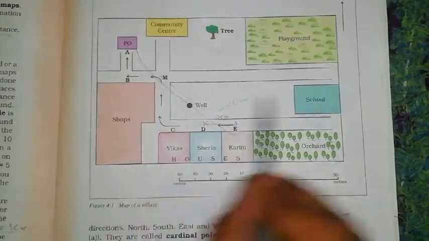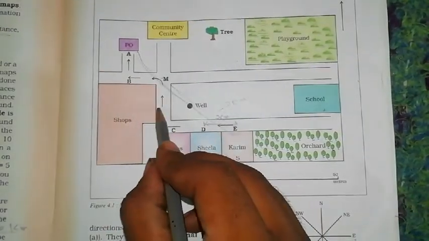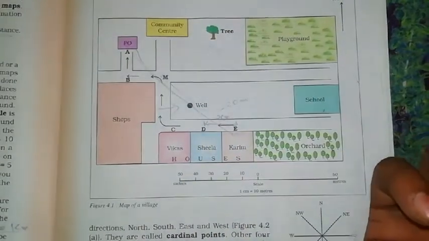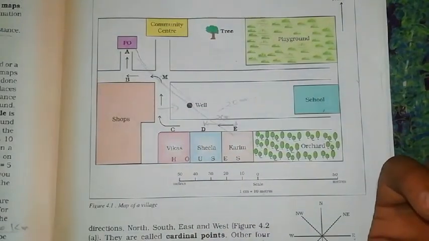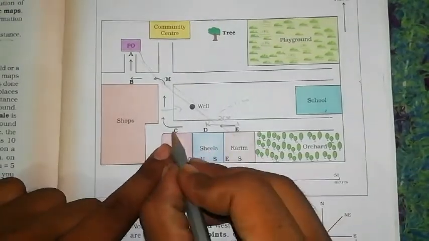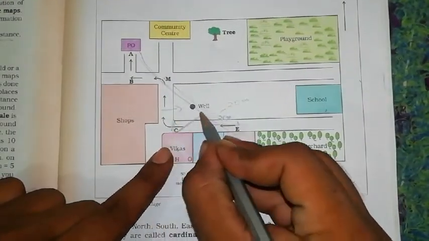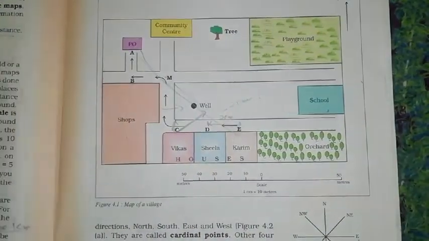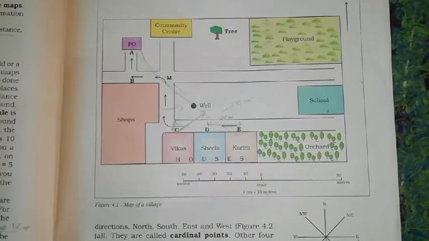So this is the shop and this is the school, so you have to show this direction. From the community center, find the direction of the community center and the playground from Vikas house. This is Vikas house, so you have to show this direction and this one also, this is the playground. So you have to do this by yourself.